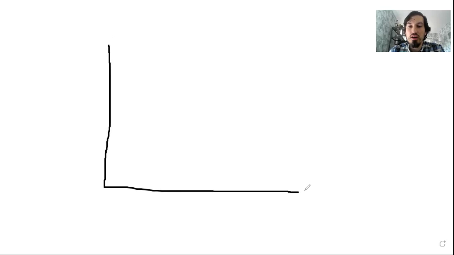It's actually hard to draw because it's three-dimensional. On this axis is labor and on this axis is capital. A production function says, for any value of labor, let's say 10 units of labor and 5 units of capital, you get this point here.